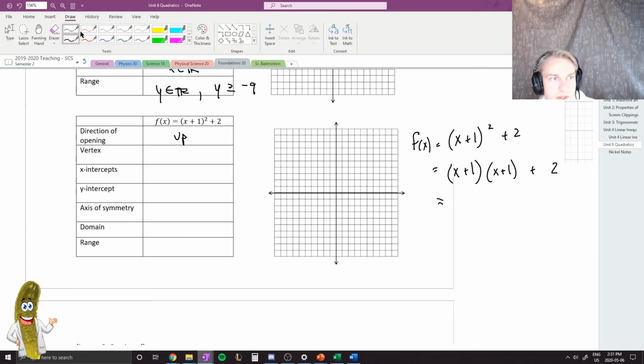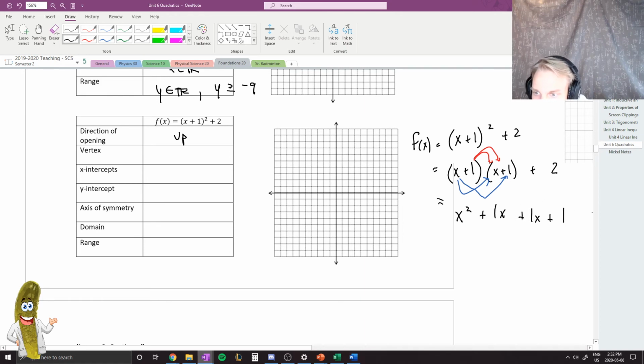Foiling that out, first I would do x times x and x times 1. So I would end up with x squared plus 1x. And then the second FOIL would be 1 times x and then 1 times 1. And so I would end up with another 1x plus 1 times 1 is 1 plus 2, like so.